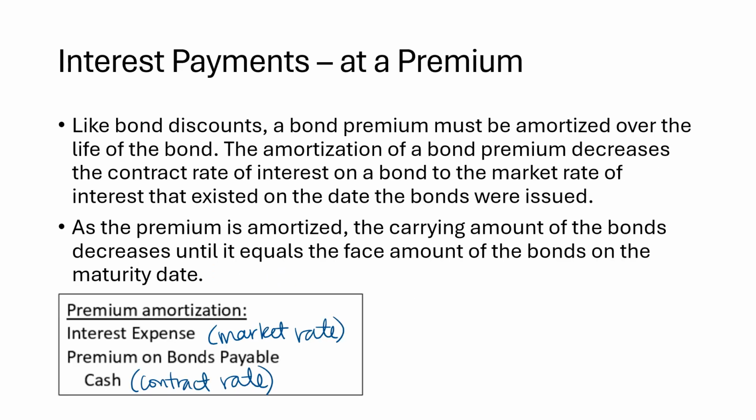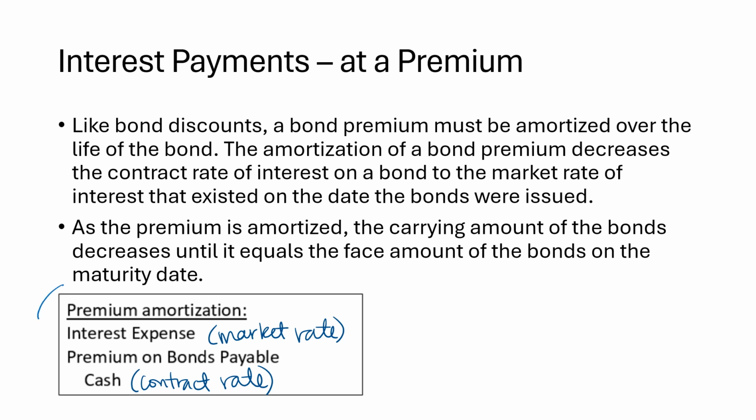So now looking at the journal entry for the interest payments. Just like with a discount and how we amortize a discount, you have to do the same thing for a premium. So you just take that same logic that we talked about in the discount lecture video, and you apply that to the premium here. The objective is still the same, and that is to take the total amount of the premium and divide it equally between each of the interest payments.